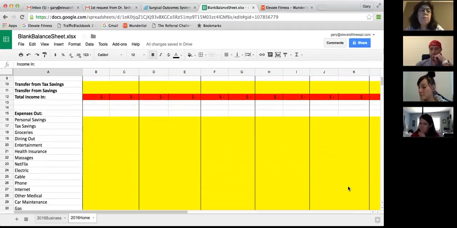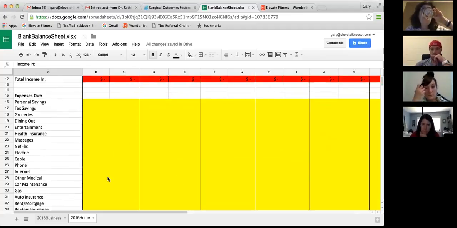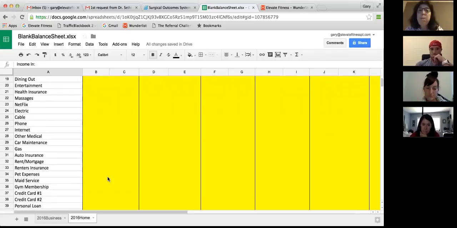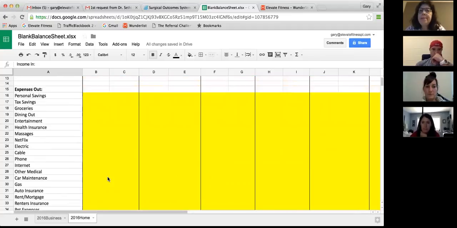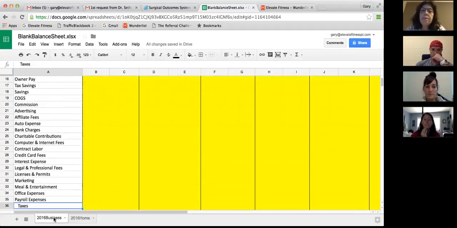So fill all of this out with whatever you're going to budget for yourself at home. Now remember, these are expenses that you will not deduct from taxes. Anything that's going to be tax deductible goes on the business side and comes out of your business account. So these are things that do not get tax deducted.